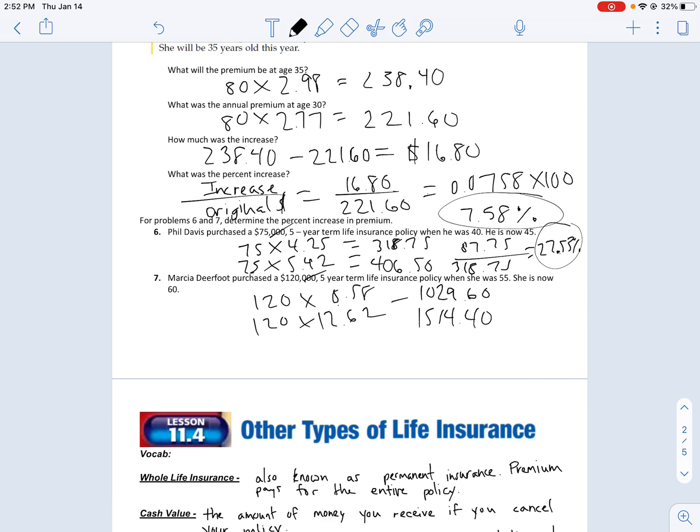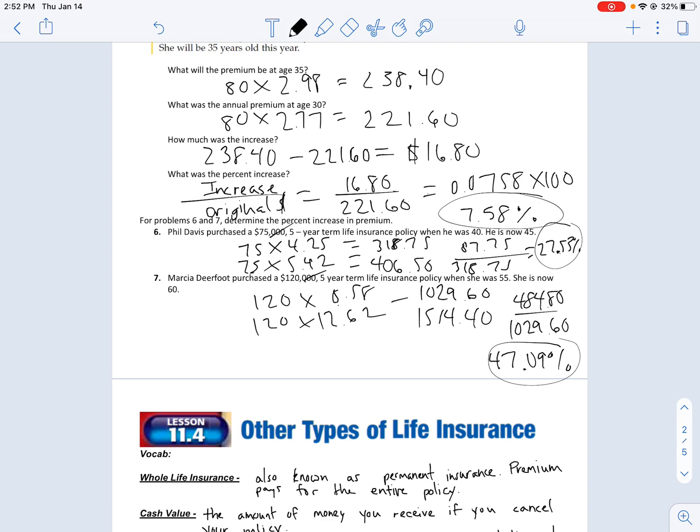Subtract the two, and that's an increase of $484.80. Original was $1029.60, which is an increase of 47.09%. Almost doubled. So that's 11.3 term life insurance.